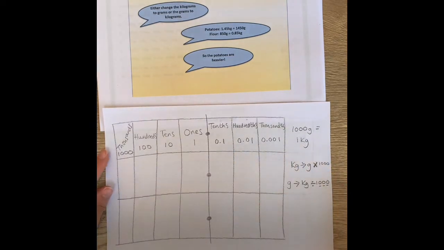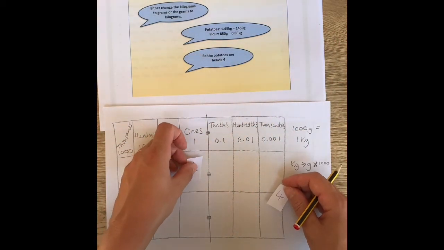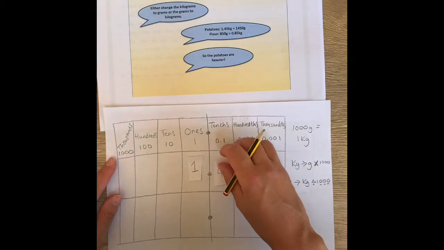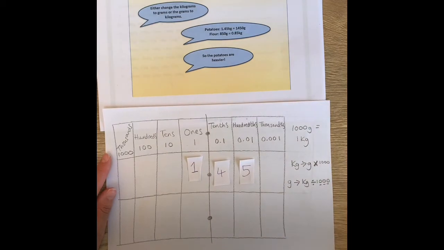So let's start off with the kilogram weight. The potatoes weighed 1.45 kilograms. So I've got some numbers here and I'm going to put them on my grid. If you've got a whiteboard, I know we'd normally do this with a whiteboard, but I don't have one at home, so I've just done this. But you might recognise this way of learning through the whiteboard as what we'd normally use at school.